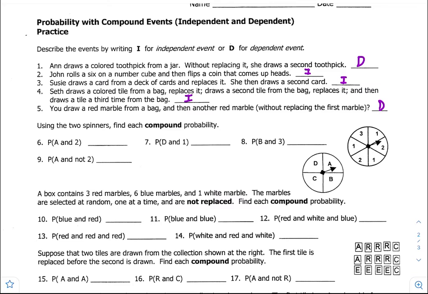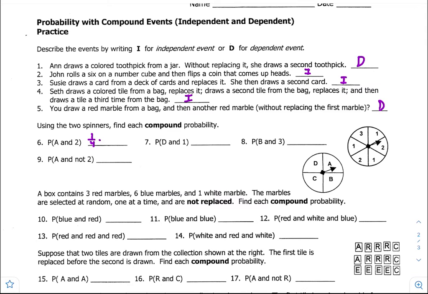Okay, number 6. Using 2 spinners, find each compound probability. So the probability of getting an A from here is probability of A and 2. The probability of spinning for an A is 1/4.